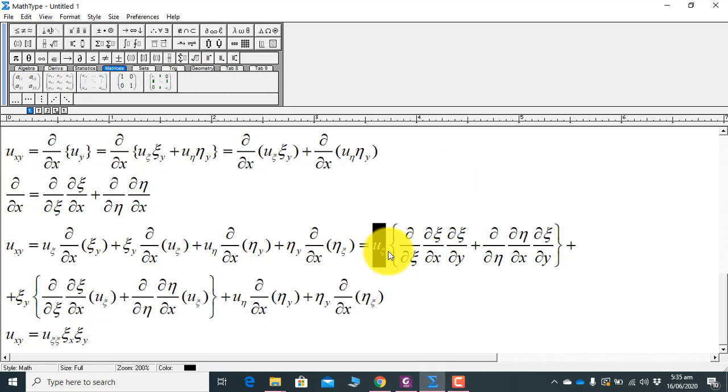Now for the second one, the quantity will be similar, but partial over partial xi eta. So you will not write u xi xi, you will write u xi eta, and the other quantity is eta x eta y.